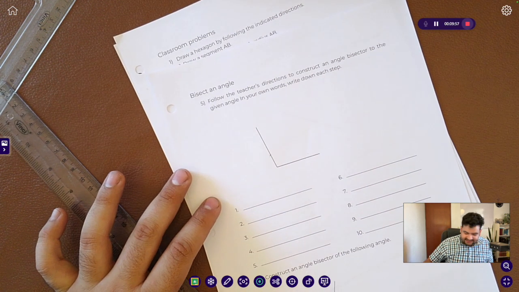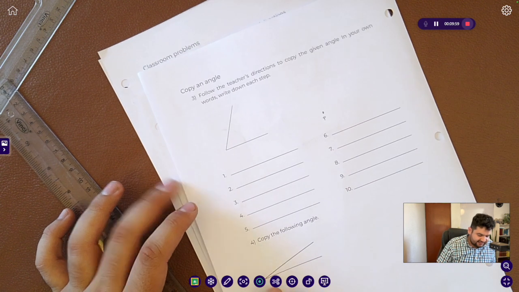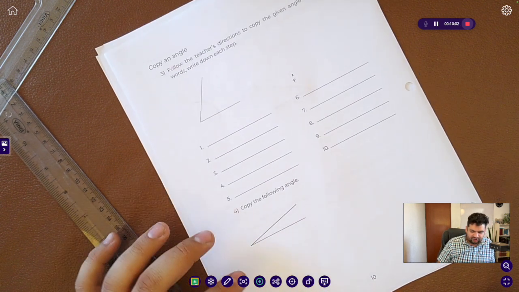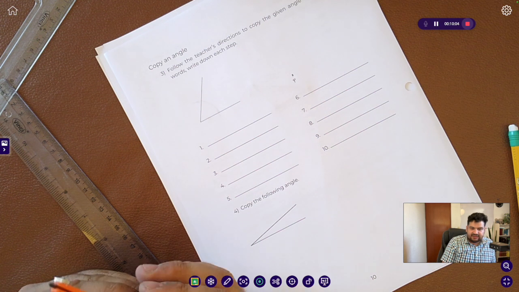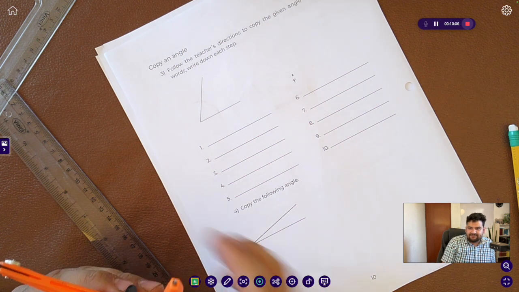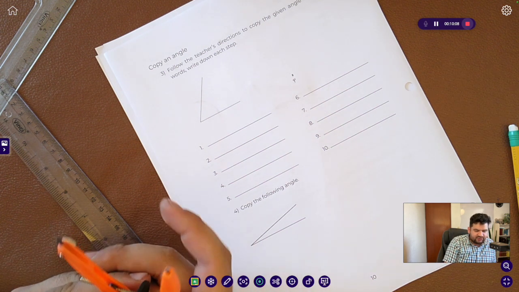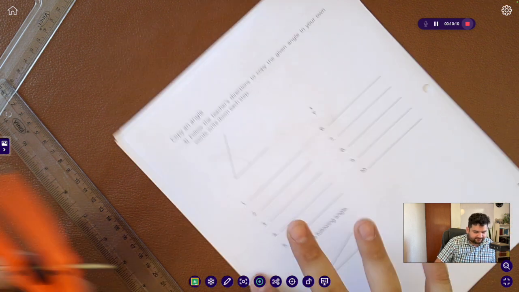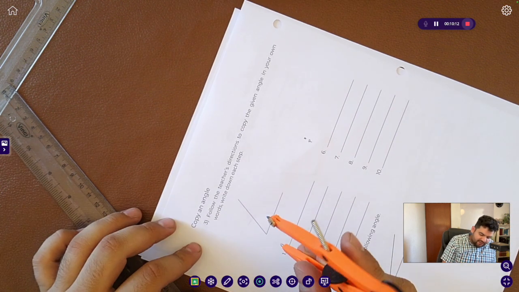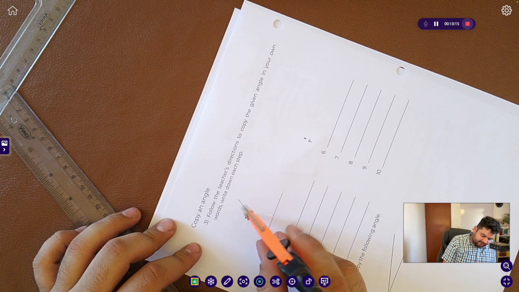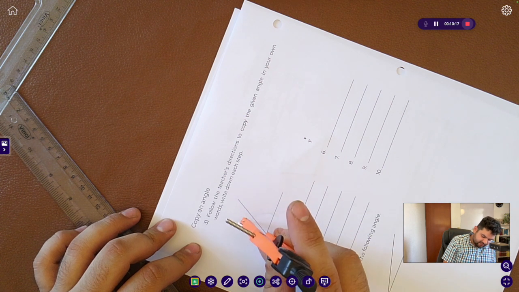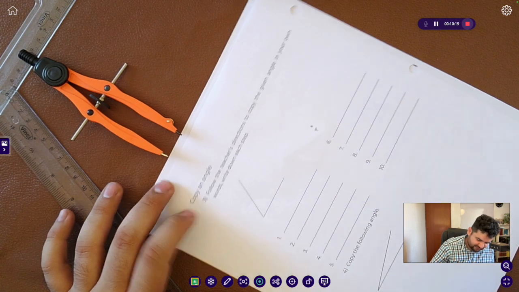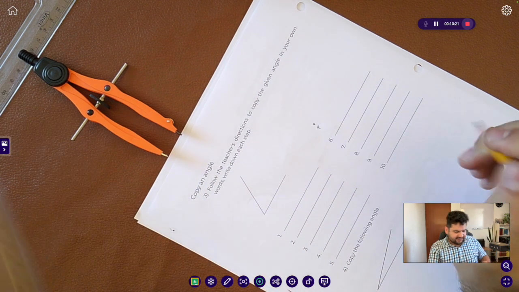Now, our second skill is copying an angle. I'm gonna give you the steps. I'm gonna tell you the steps, and you will write them down in your own words. I open my compass, and I put a point.